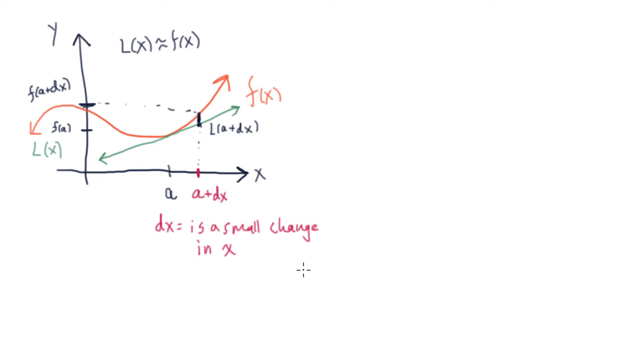So let's give a little bit of terminology. So we're going to define this triangle. This is the Greek letter delta, so delta y. Delta means change in, so delta y, change in y, is going to be f of x plus dx minus f of x. Okay, so that's like this distance right here.